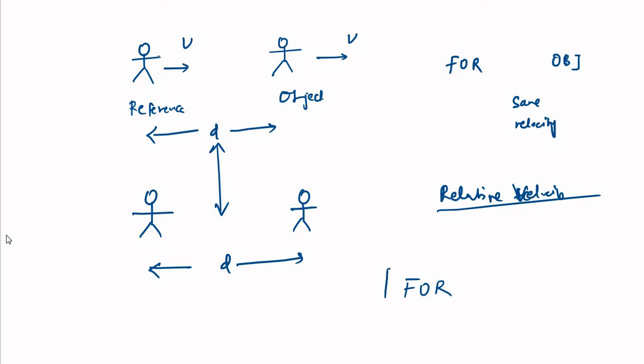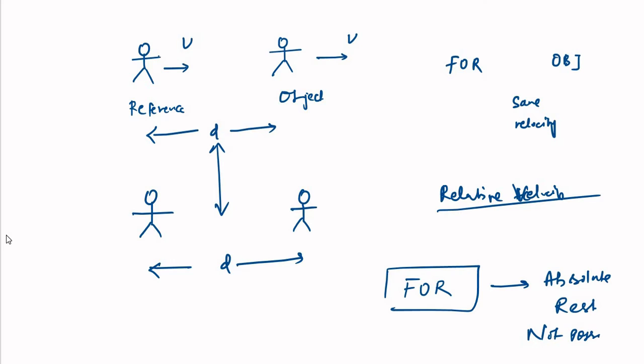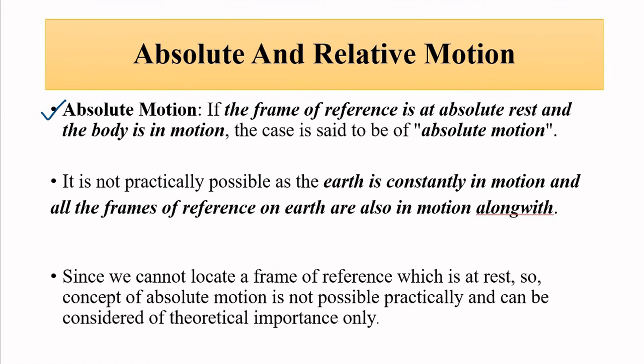A frame of reference at absolute rest is not possible. Always remember it. So absolute motion and absolute rest, these two cases are non-existent. All we have is relative rest and relative motion.